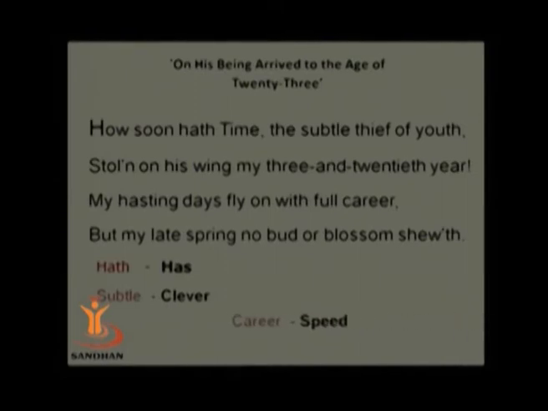In the third line we see, my hasting days fly on with full career. The word career here is used and it has a different meaning from what we use it as in the modern context. Career here would mean speed. My hasting days fly on with full career. Hasting days, hasting means passing very quickly.